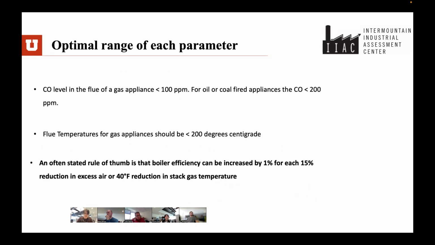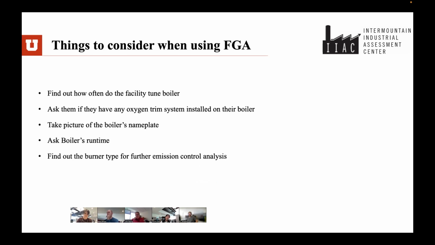The flue gas temperature should be less than 200 degrees Celsius. And if you're dealing with the flue gas analyzer and you want to do the energy efficiency for a boiler, as a rule of thumb, you can increase the boiler efficiency by 1% for each 50% reduction in excess air, or for each 40 degree Fahrenheit reduction in stack temperature.